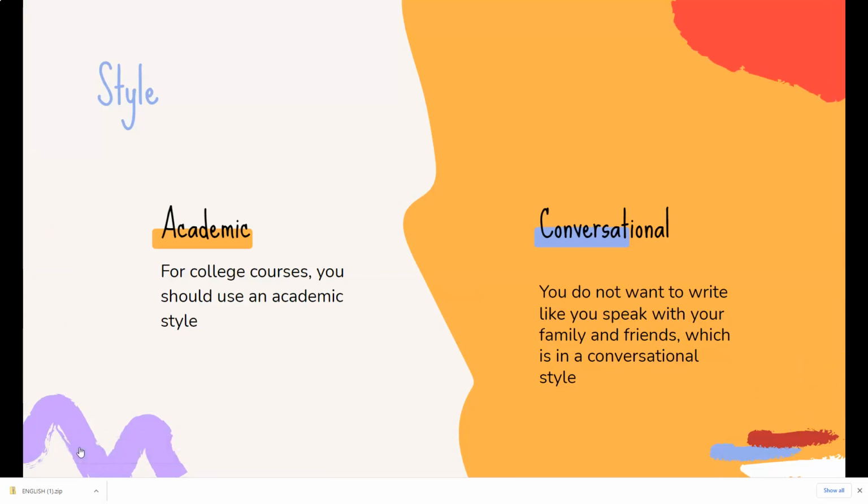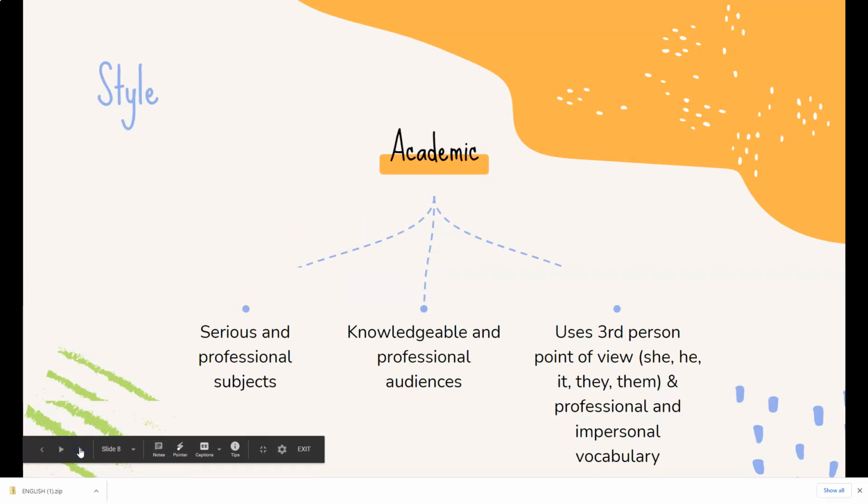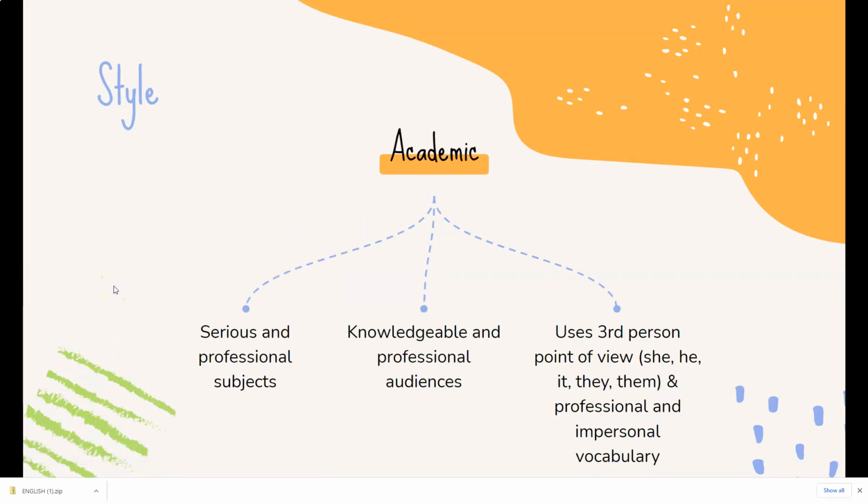For our course and most college courses, we want to use an academic style as opposed to a conversational style. So you don't, for example, want to write the way you speak with family and friends in an academic or formal paper. Your audience for an academic setting is knowledgeable and professional.